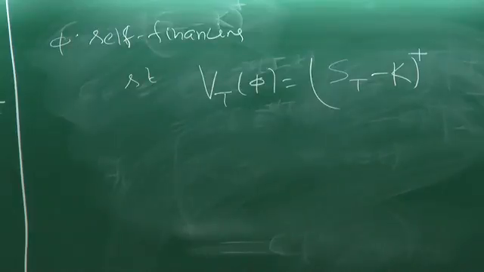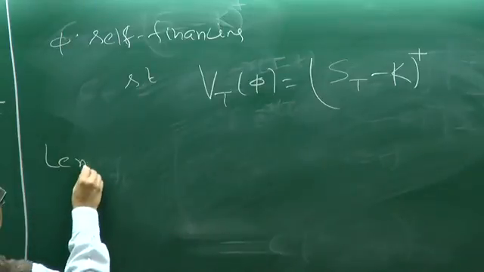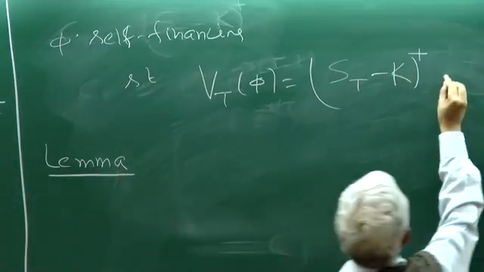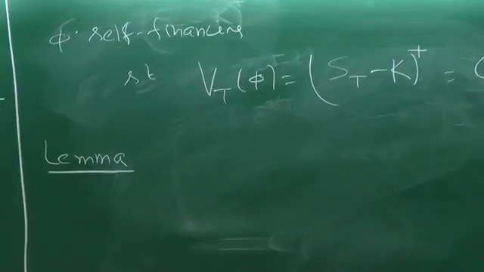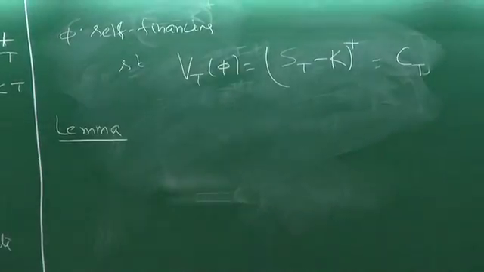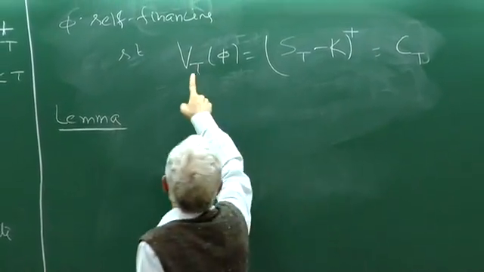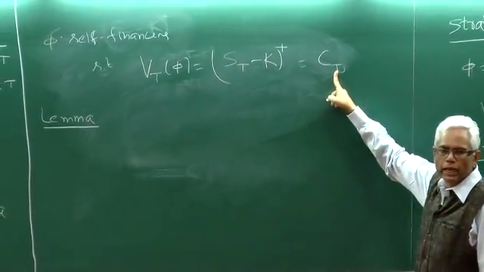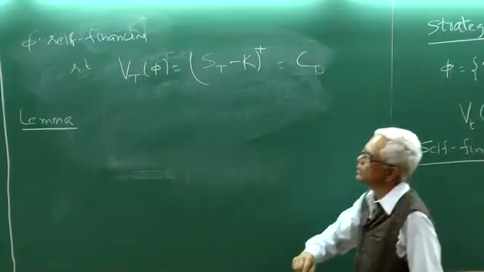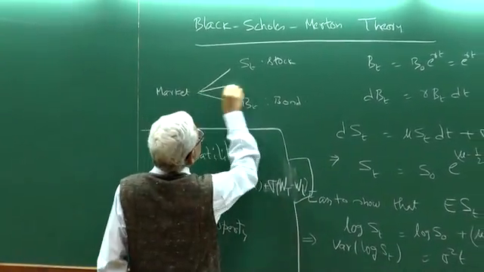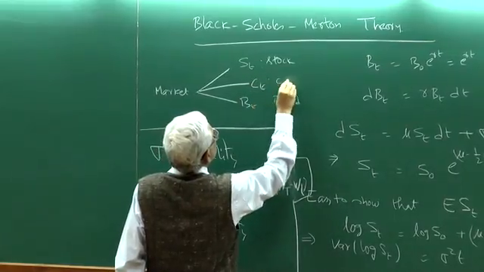Now I will write a little lemma. The proof is not difficult, but if you think intuitively, it's not necessary. Now this is also equal to C_T, by definition. So since the value of the portfolio is equal to the value of the option at time T, I will augment the market, and I will say that this is a call option.